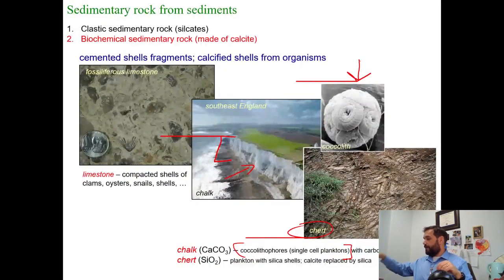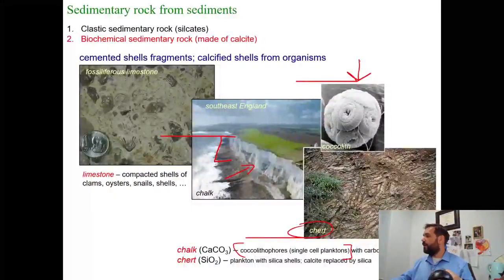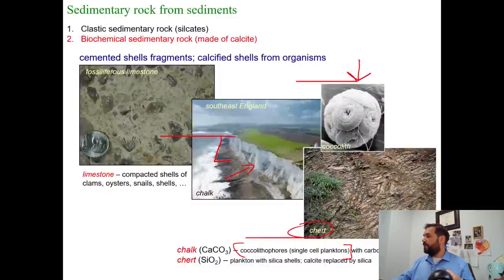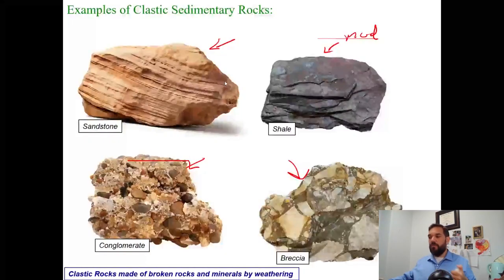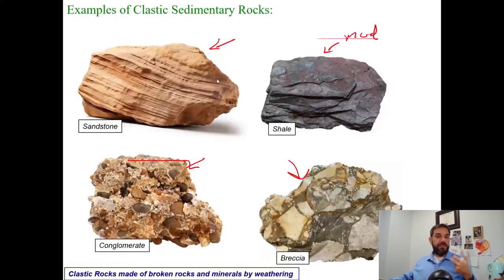Okay, so those are the biochemical sedimentary rocks. You can see number 5, it's asking you to give examples of each of these rock types. So clastic rocks. What are some examples of clastic rocks? Sandstone, shale, conglomerate, breccia, even siltstone.